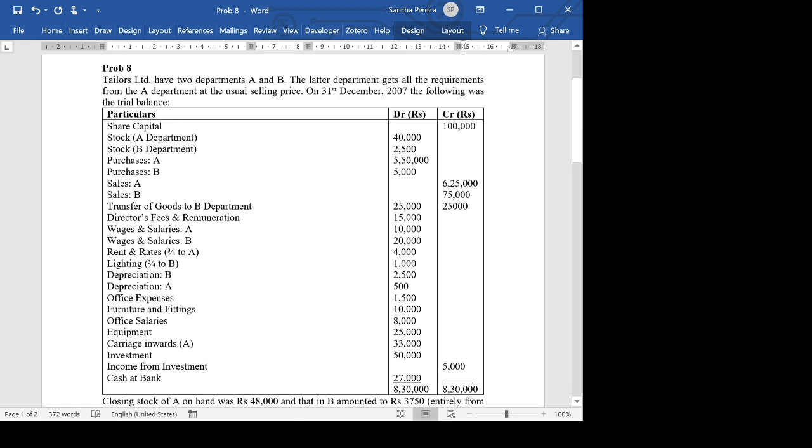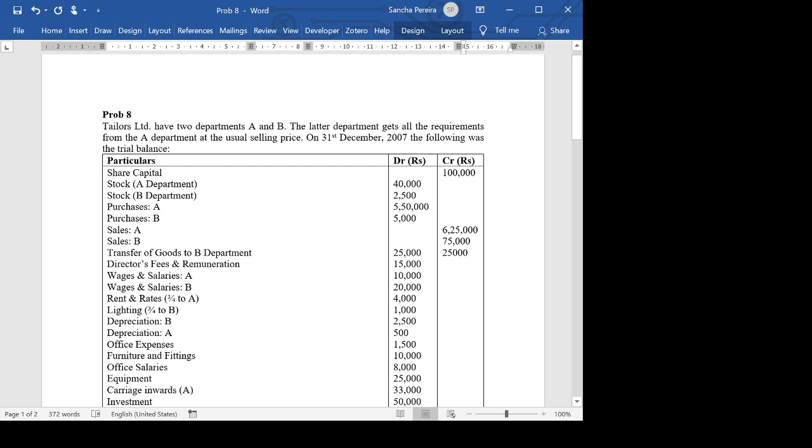Now the first thing that we need to do, before finding out how much is that profit, is find that percentage of profit. Like I said in the previous problem, it was given to us, at 125% of cost. But in this problem, they just said usual selling price. When they do not give us the profit, we have a formula to find it.